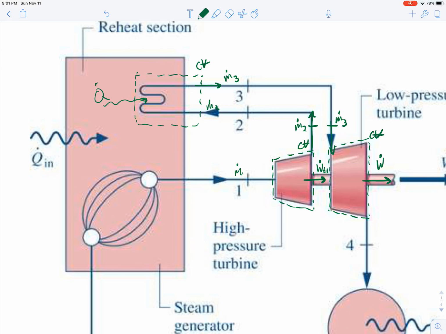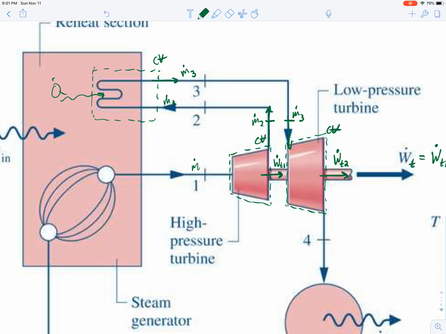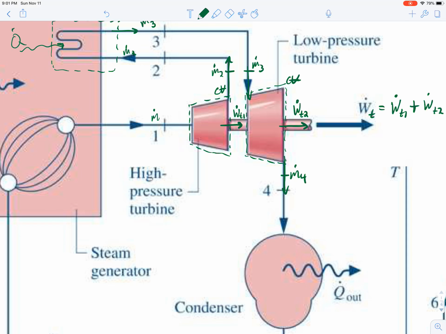Here's the rate of work output from the second turbine, and we call both of those together the total rate of work done by the turbine system. So that's just work of turbine 1 plus the work of turbine 2. And then exiting that turbine is mass flow that then goes to the condenser.